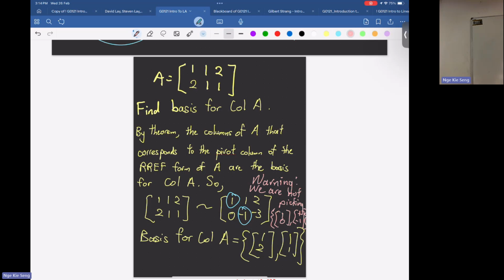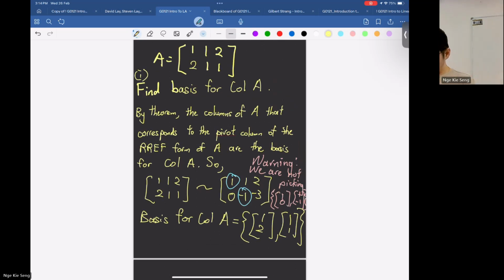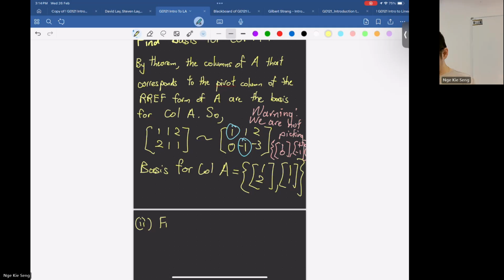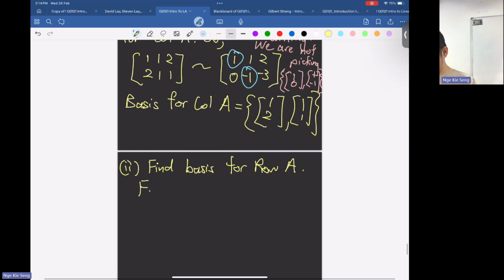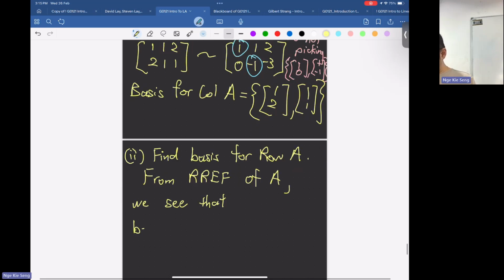So, second part: find a basis for Row A. We can see that from the REF of A, the basis for Row A is what?